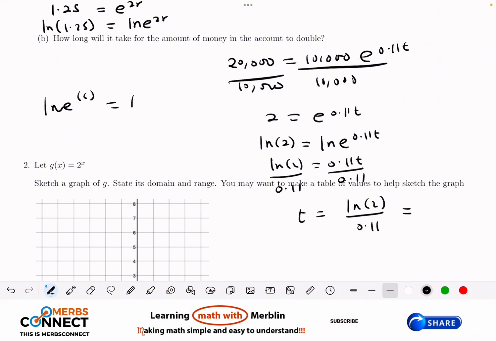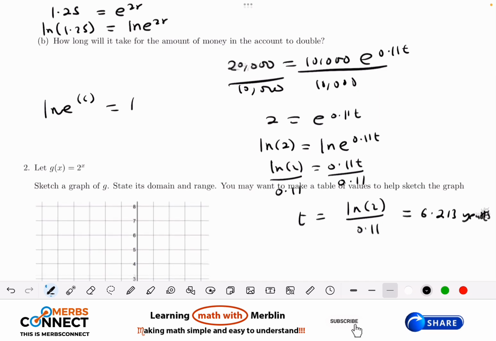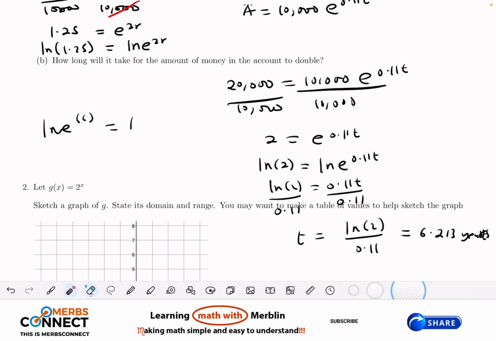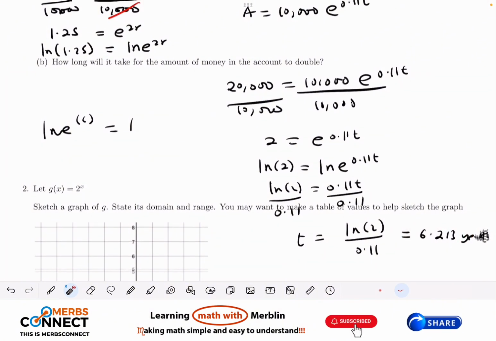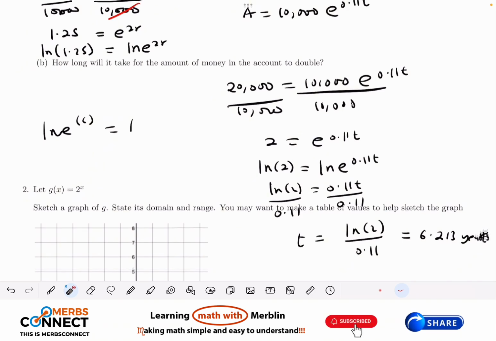And this should be giving us about 6.213 years. So for us to double the money in the account to 20,000, we need about 6 years and 2 months.